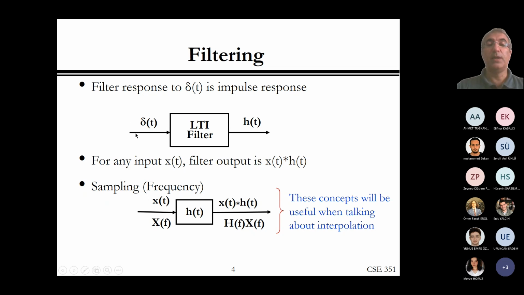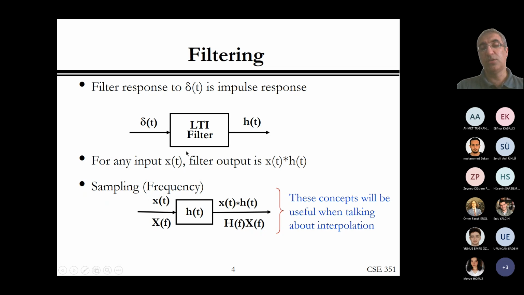In this case, if you apply the delta of t impulse signal, at the end you will obtain the impulse response, which is h of t. And the relationship between the input and output of the system is governed by the convolution, if you remember. For any input x of t, the filter output.